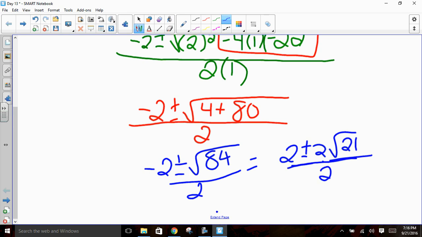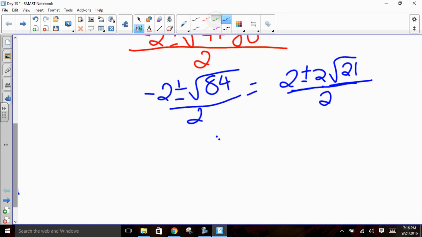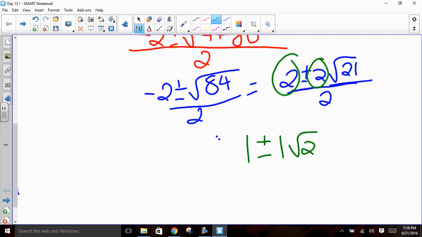Now, when I say divide every term by 2, I mean everything that is not under the square root. So I asked myself, is everything else possible to be divided by 2? Yes, it is. 2 divided by 2 gives me 1. 2 divided by 2 gives me 1. So I have negative 1 plus or minus 1 times the square root of 21.